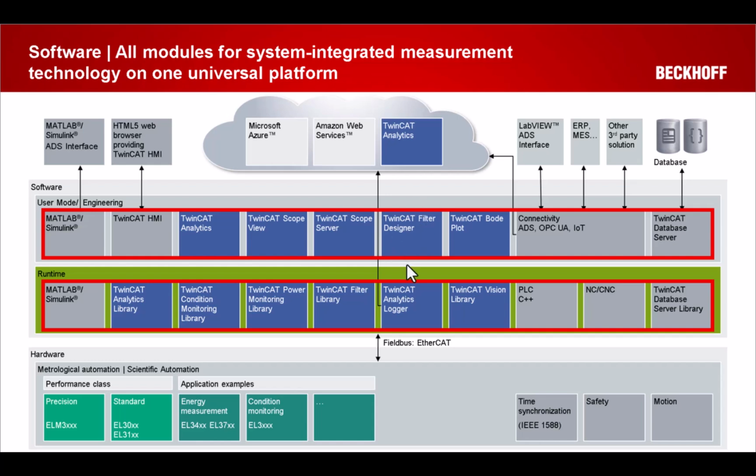Filter Designer allows us to make custom filtration for regions of interest, or specific filtration of data that we do not want to see as it comes into TwinCAT. Also, we do support power monitoring, condition monitoring, and other runtime libraries for these functionalities, maybe during production tests.